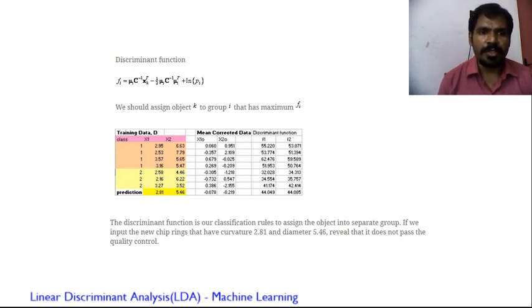So substitute the value of mu 1 and the inverse of the covariance matrix and the data point transpose, first data point x1, x2 transpose, minus 1 by 2 again mean 1 and the inverse of the covariance matrix, then the transpose of mean 1, that is mu 1, plus logarithm of pi. So I will be getting f1.